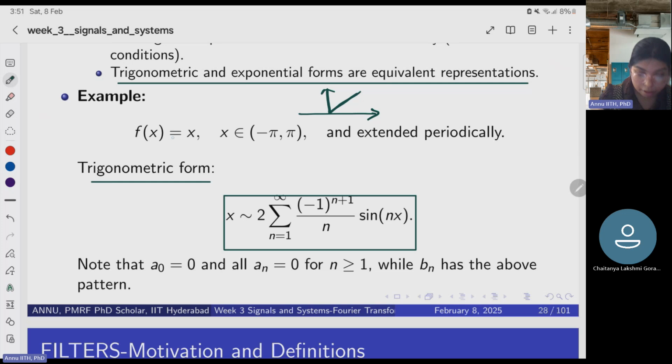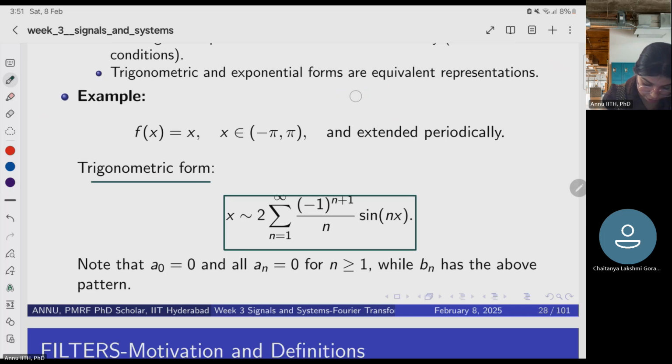Why is the cos term 0 here? What do you think? How does f(x) equals x look like?